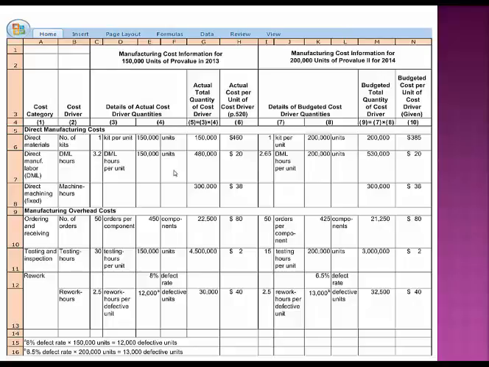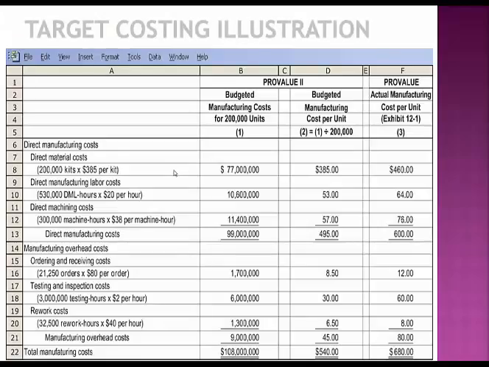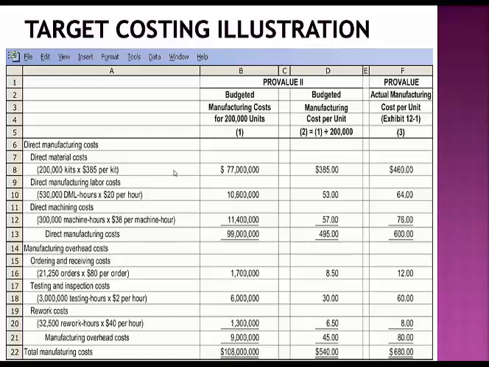Prior to this value engineering, our per unit cost to manufacture was $680, but once we have actually gone through the steps of value engineering and optimizing our processes and reducing the number of components, reducing manufacturing times, etc., we can actually get it down to $540 per unit.